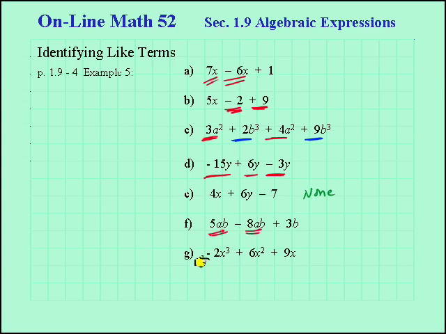And in this last one, letter G, I see all x's, but because that's x cubed, it is not like this one, which is x squared. Different exponent means not like terms, or they're unlike terms. But yeah, none of these are like terms here. That's got an exponent we don't see. It's an exponent of 1, actually. But they're not like terms.